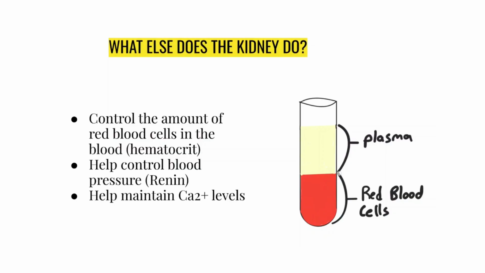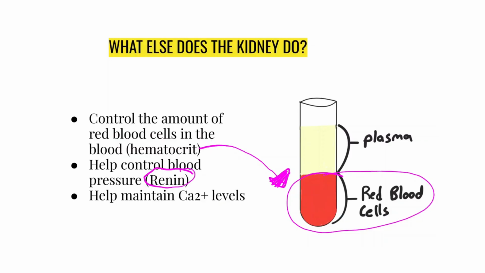So if we take a sample of our blood and we look at it, the amount of red blood cells in that is actually controlled by the kidney, right? And they produce a hormone called erythropoietin that does this. In addition, the kidneys produce a hormone called renin, which controls blood pressure, right? And finally, the kidneys help in a variety of ways to maintain our proper calcium levels. So the kidneys are a very important organ doing a lot of very important things.